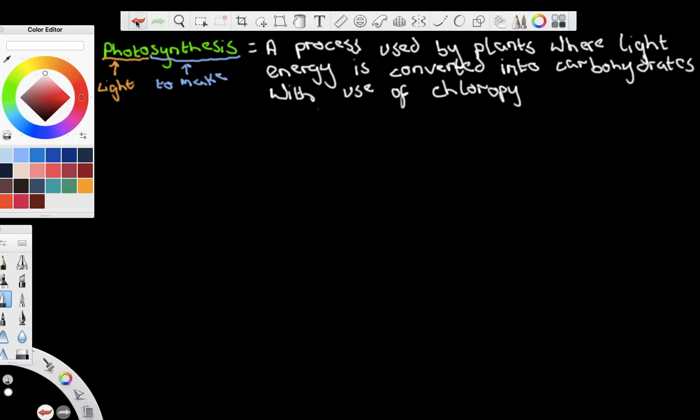I hope you can spell chlorophyll. Okay, so photosynthesis is a process used by plants where light energy is converted into carbohydrates with use of chlorophyll.